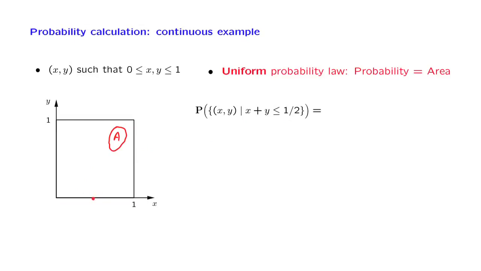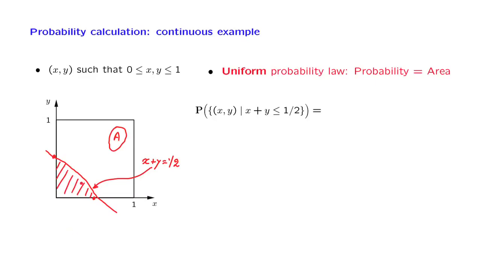So in terms of that sample space, the points that make this event true are just a triangle that lies below the line x plus y equals 1/2. Anything below that line, these are the outcomes that make this event happen.